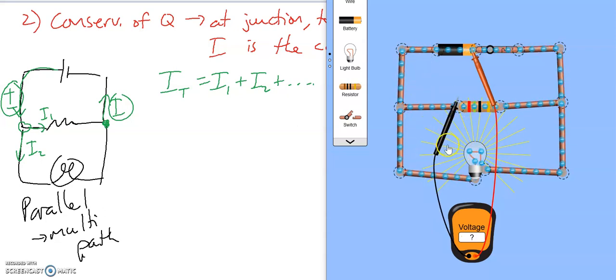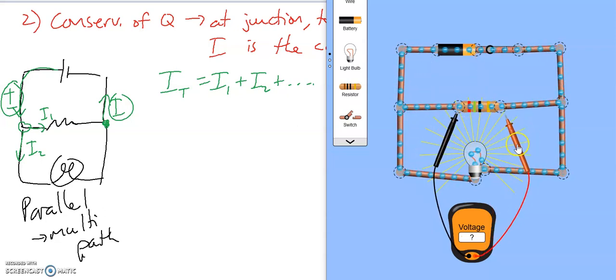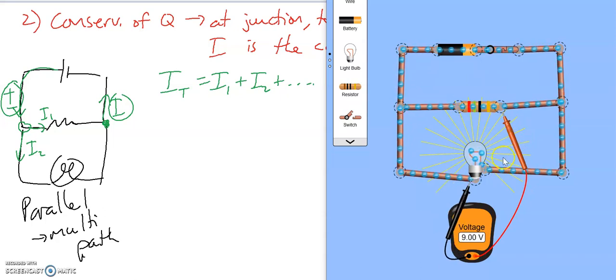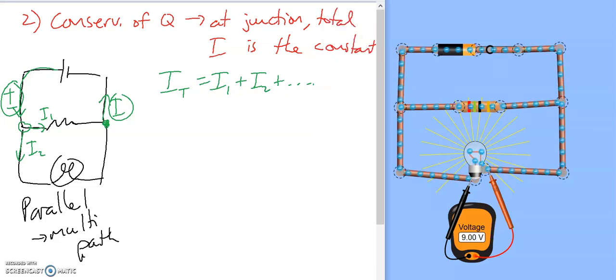But if we actually check it out, this is 9 volts and this one is 9 volts, which some people don't get. This is one of the things about parallel circuits I'm going to explain in a second. It doesn't matter where you go in a parallel circuit, you will have the exact same voltage at every single point.